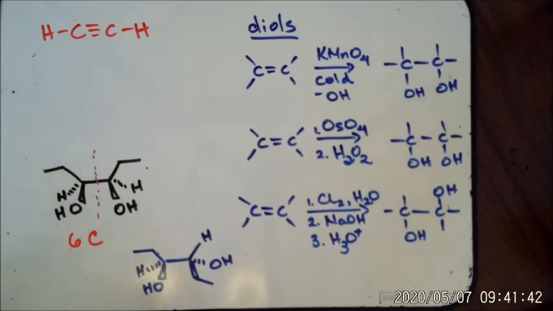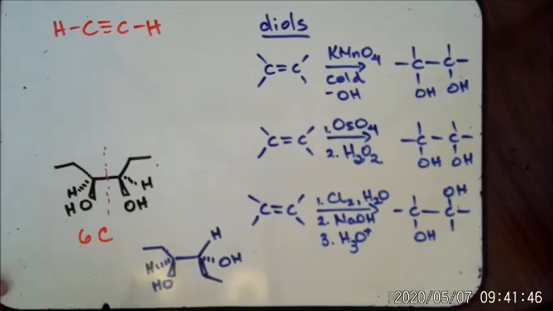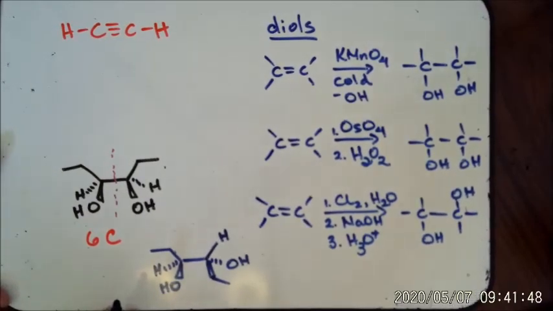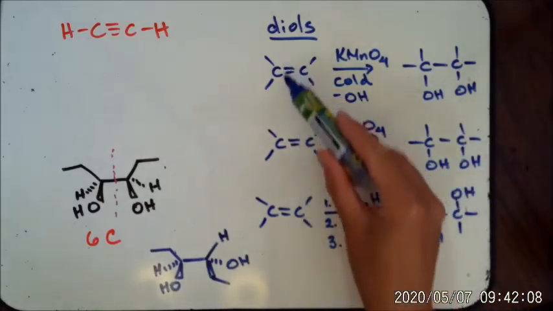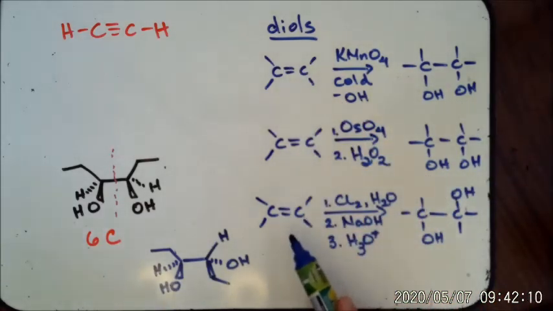The nice part about retrosynthesis is you have multiple ways to solve the answer, and you can choose what you want to do. Me, I already drew it this way. I'm going to follow with this. But it wouldn't be bad for you guys to pursue looking at it in an alternative fashion to see what else you can do. But there is one commonality that you see when we make a diol, and that is my starting material has to be alkene.